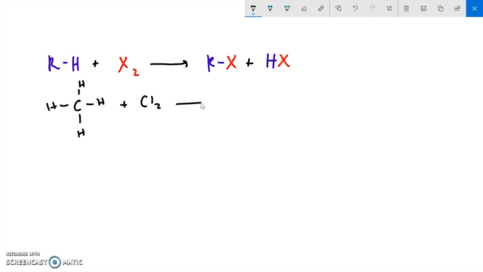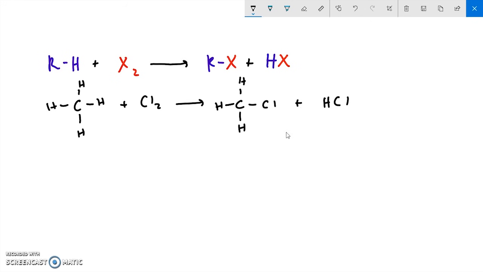So for instance, it will become C, H, H, H, and one of the hydrogen will be replaced by Cl from the chlorine and the side product of HCl.